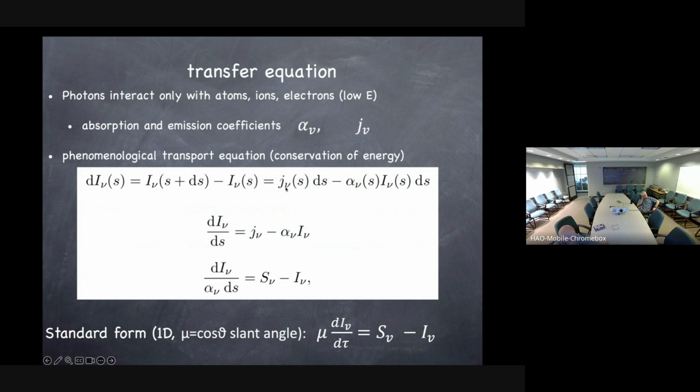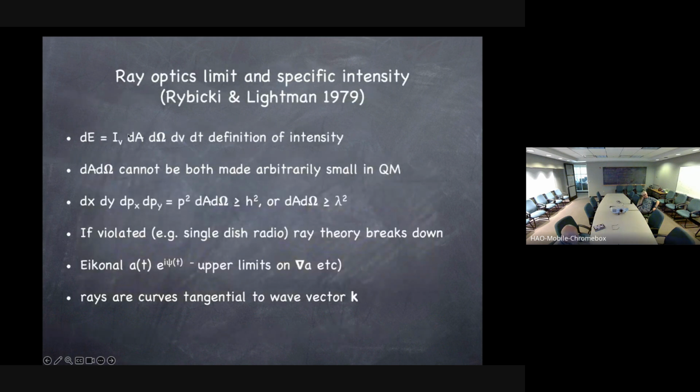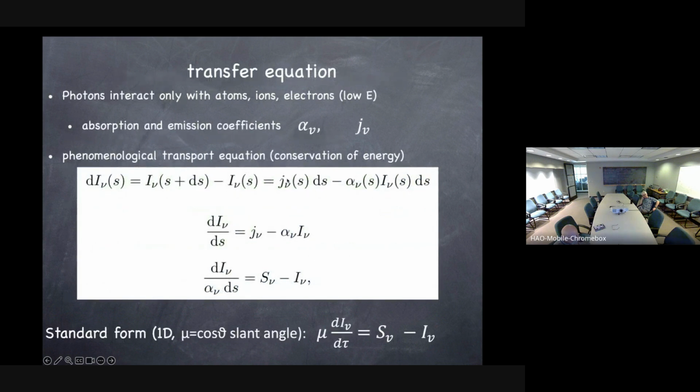So j nu is just the amount of radiation emitted between S and S plus ds in suitable units as defined by this thing. Here's the amount of energy going in. And I've given you some of the nuts and bolts as to what this is. This is basically like n_e n_i times some function of temperature if we have a plasma with densities of electrons and ions and temperature, say.